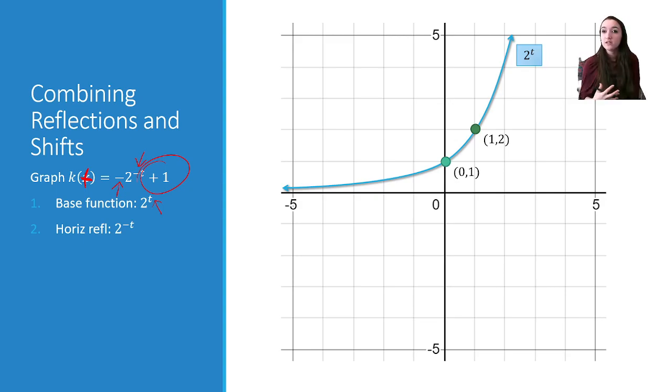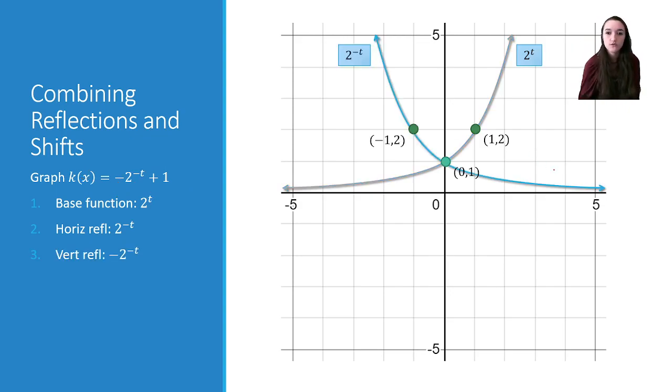So all we really need, we don't even need to know anything about this function. All we need to know is what the graph was and what has happened to it. So here, 2 to the negative t would then be a horizontal reflection over the y-axis.